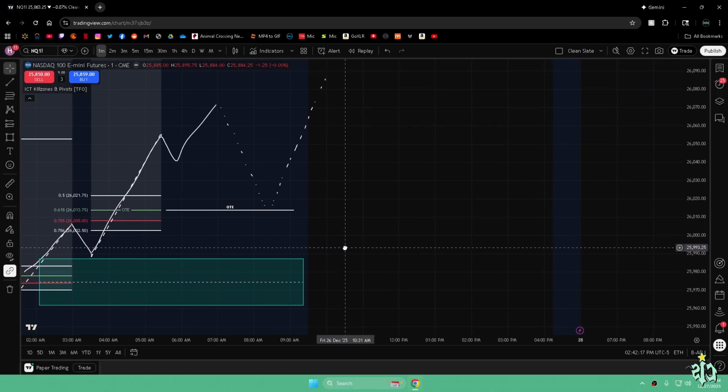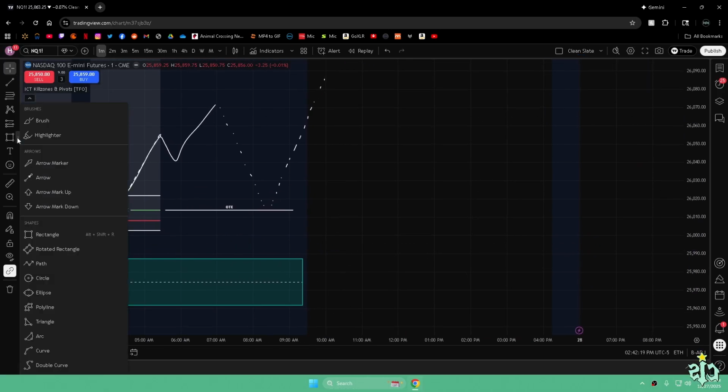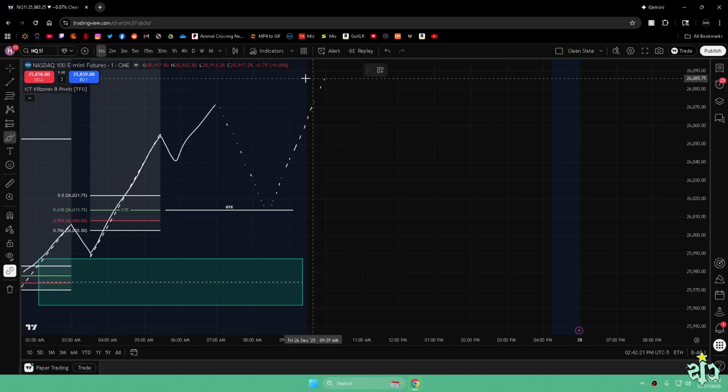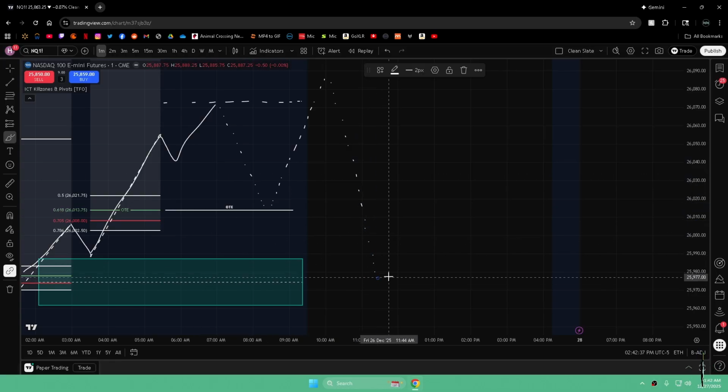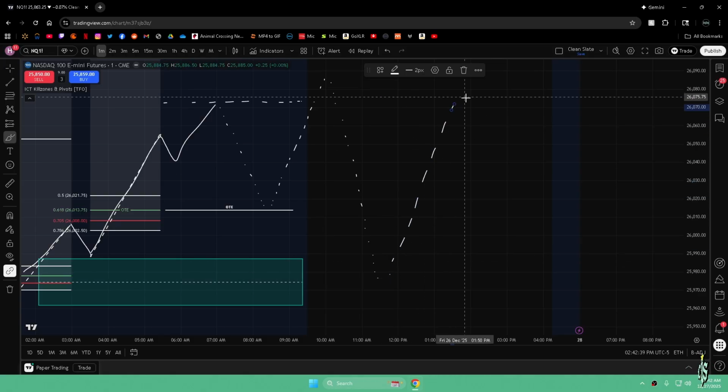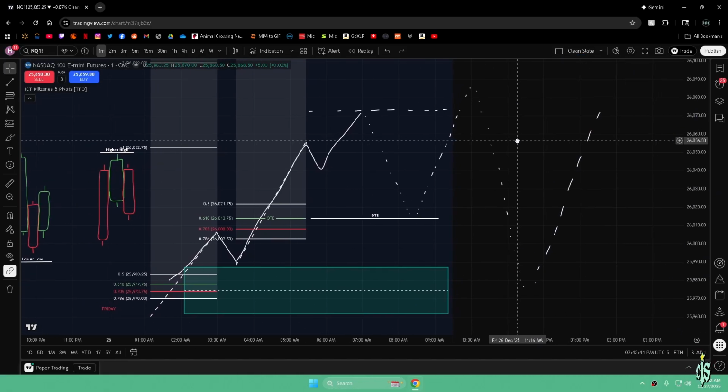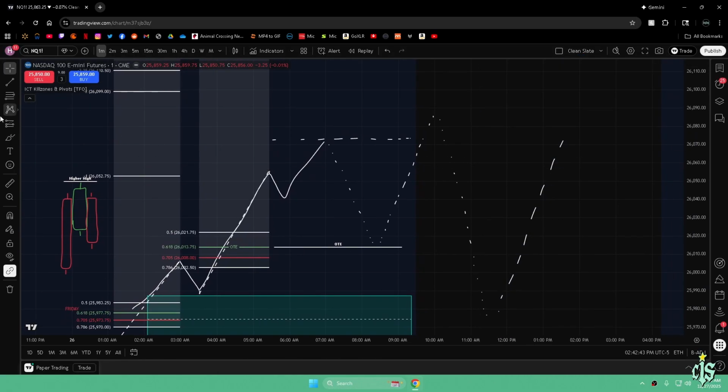You wouldn't want to see market come back down again after it takes some type of liquidity. So it takes these highs. It grabbed more liquidity, but it needs more to go back up. So it'll go back down, get a pullback basically, tap our OTE, and then go back up again. That's basically what we're looking for.